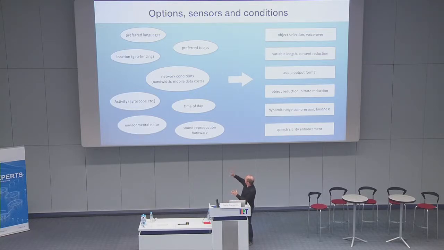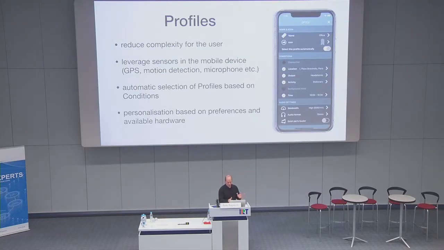Here you see 6 or 7 things. There's more, and they all can lead to certain settings in the app, like you want to use dynamic range compression, or increase, or reduce the length of a program, etc. It's all very complex. That's why we defined a system called profiles, where you link these.